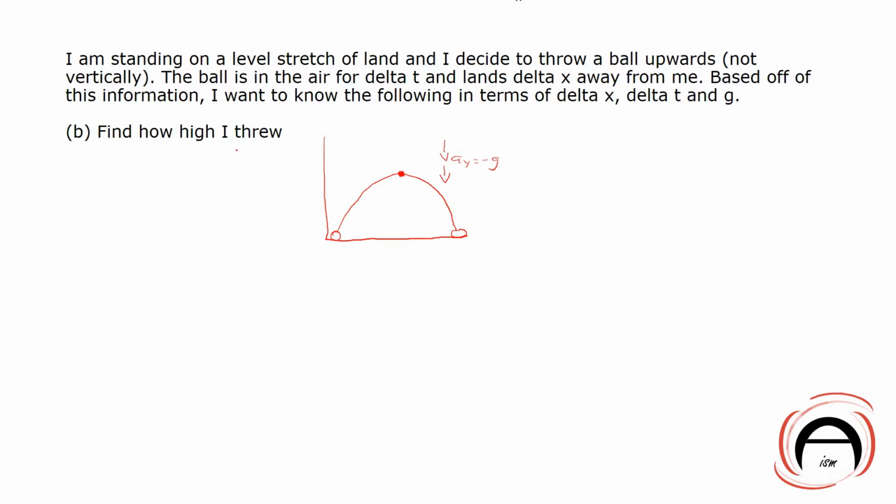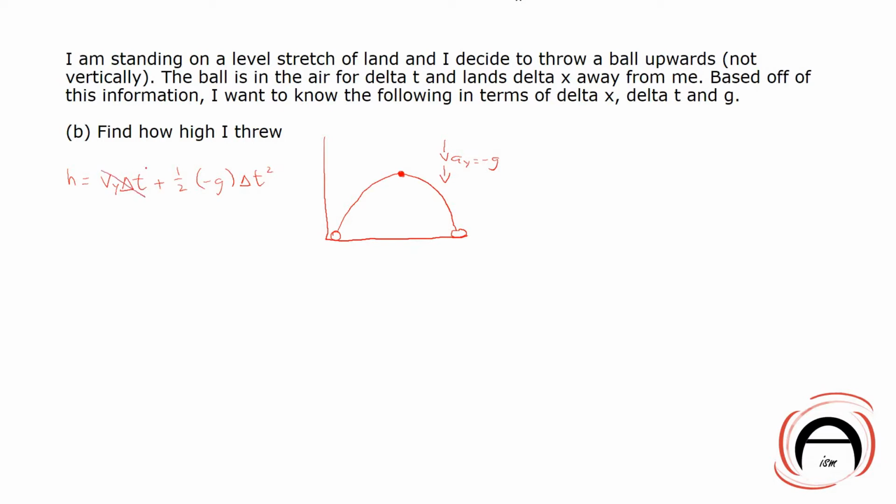In order to find how high I threw, all I need to do is find the delta y when you get Vy equal to 0. So I'm only really going to need one of my equations right here. I'm just going to call that how high I threw, h. So h is equal to Vy delta t plus 1/2 negative g delta t squared.